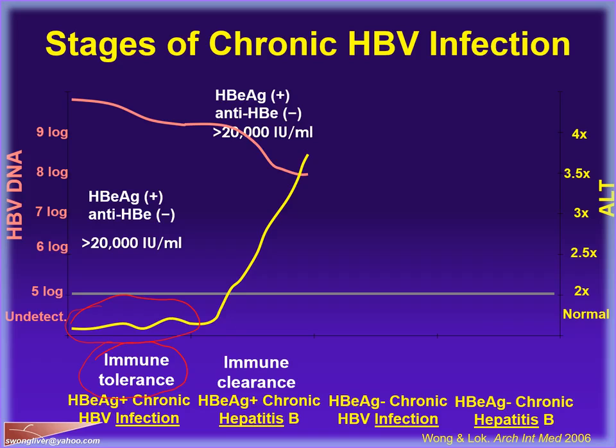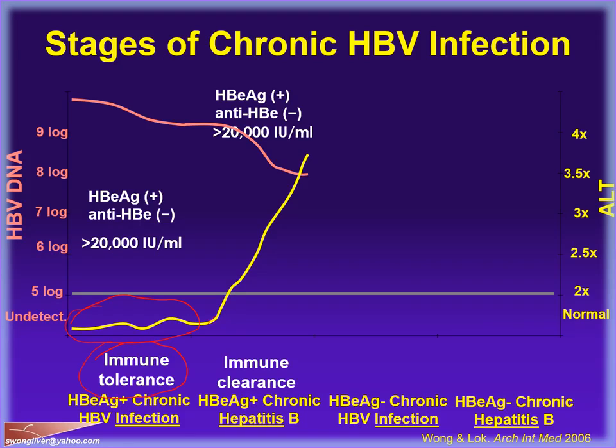Now, there will come a time when the patient's immune system will be awakened against the virus. For patients with perinatal infection, this usually happens between the second to fourth decade of their lives. It will now try to kill off the virus inside the hepatocytes.